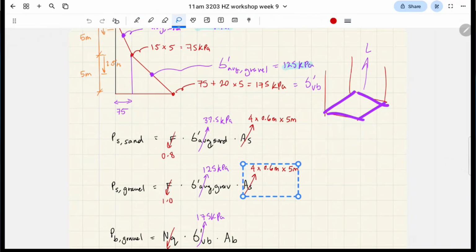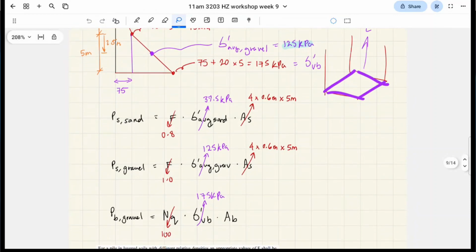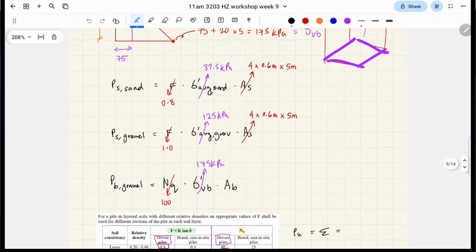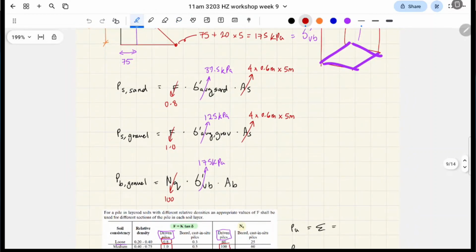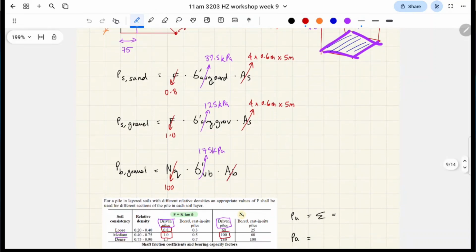I'm just going to duplicate this. But obviously if the sand and gravel layers were different values, you want to plug in the L corresponding to the length of the layer of the shaft. Lastly, the area of the base is just referring to this square area. So that's 0.6 meters multiplied by 0.6 meters.